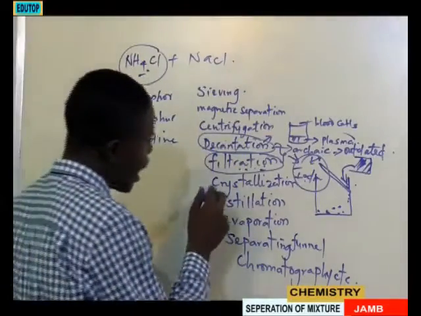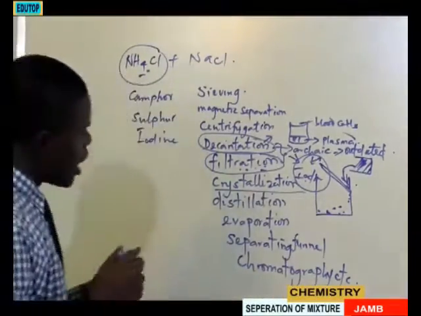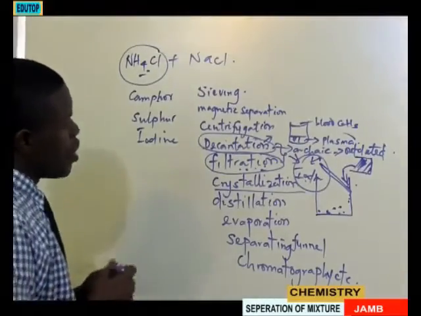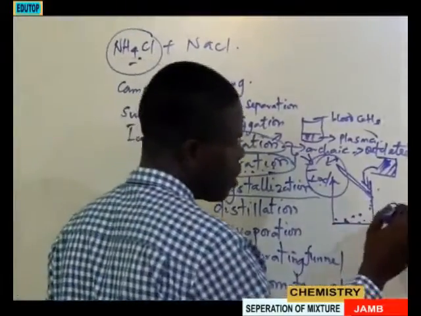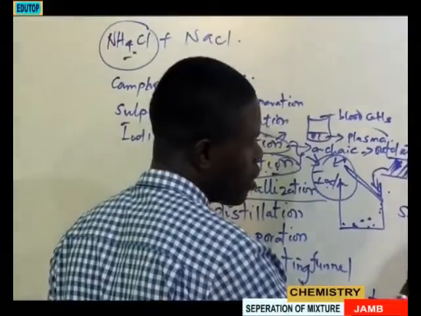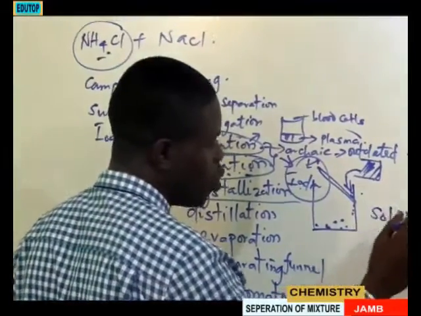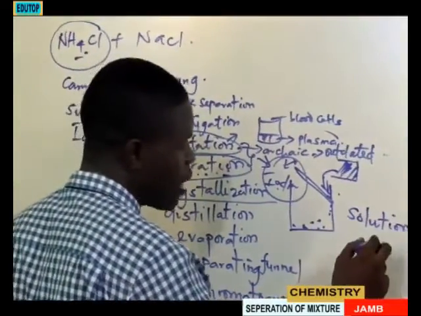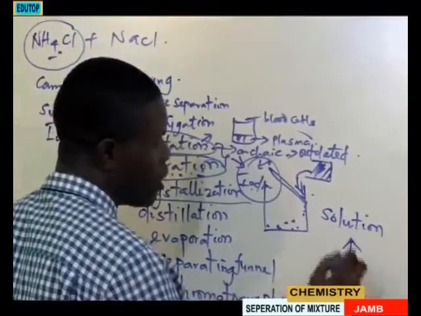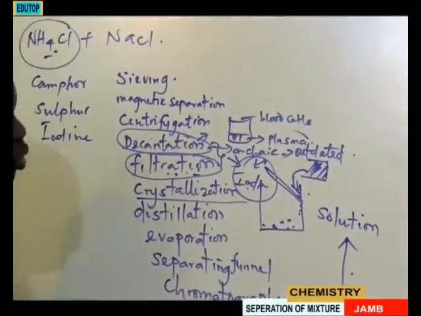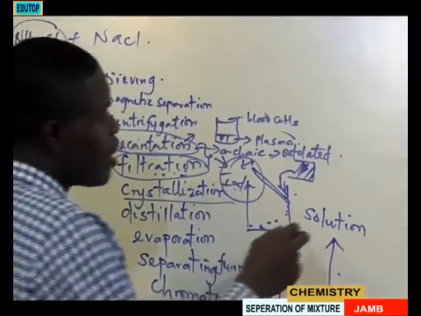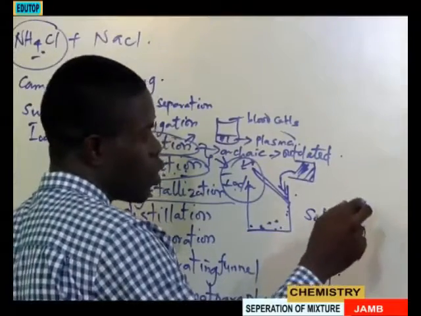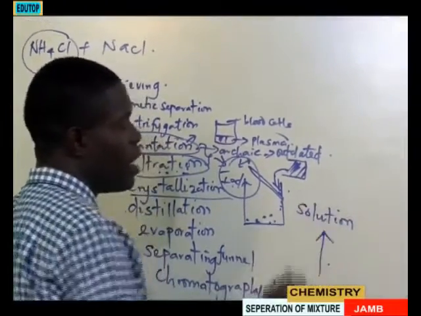Now to talk about crystallization. In the case of crystallization, when you have a solution, the first thing to do here is to subject that solution to heating. Why do you need to heat? When you heat, the heat is to evaporate some of the solvent in it.